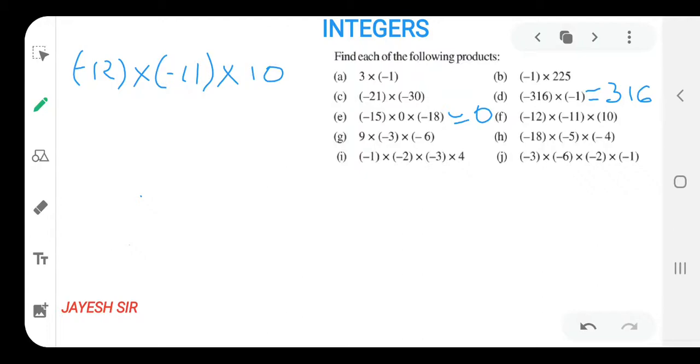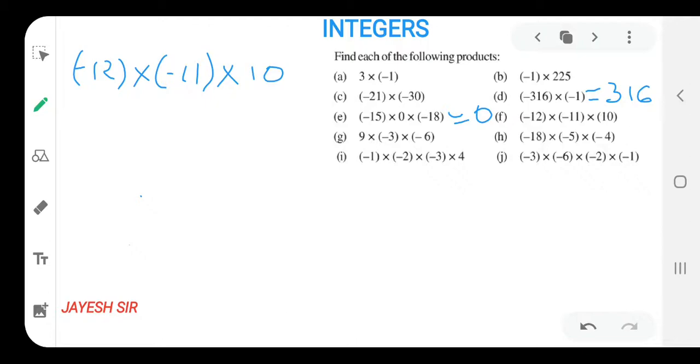As 11 is a prime number, it cannot be split further, friends. But here you need to remember the table of 12, friends. I hope you all know the table of 12. It is a little bit more than that. We know 12 tens are 120, so 12 elevens are 120 plus 12, that means 132.